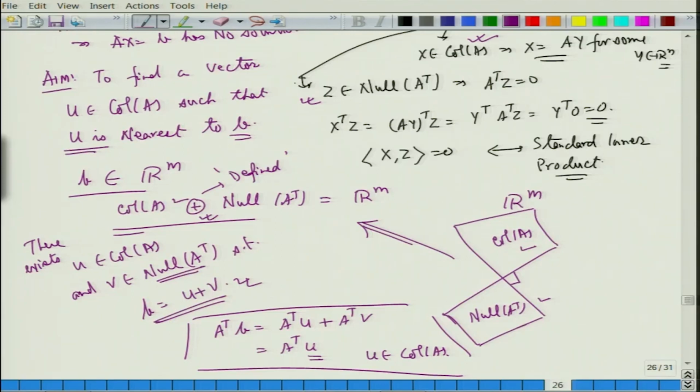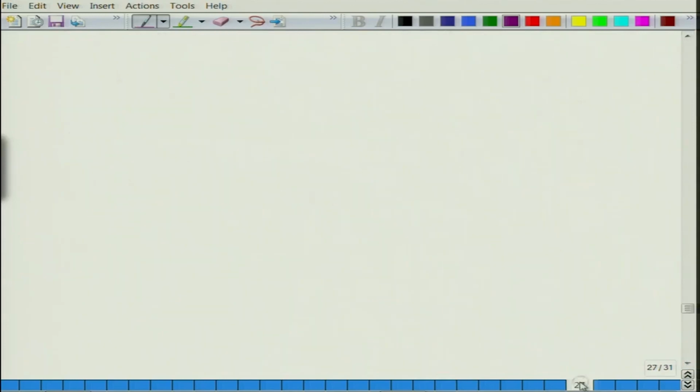A transpose U is inside the column space of A, and this is what we wanted. I wanted something which is inside. So let us try to rewrite this in terms of what I am trying to say.